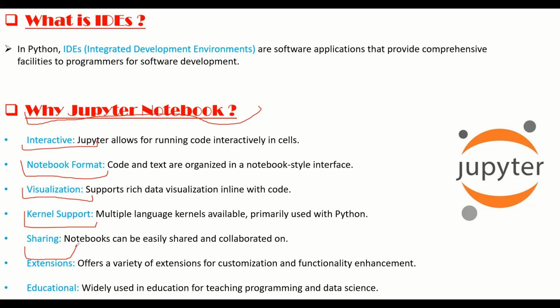So guys, what is IPYNB? IPYNB is the Jupyter Notebook format, and in this format you can save your Python file in the Jupyter Notebook. The native Jupyter Notebook format, HTML, PDF, and Markdown. So it is also a very good feature in Jupyter Notebook.